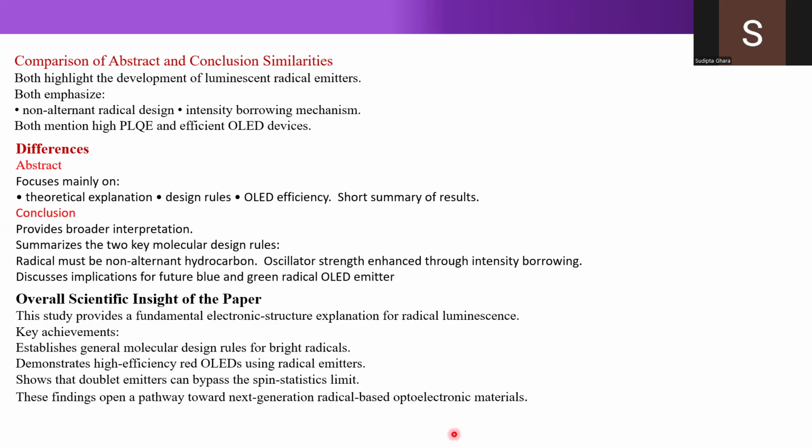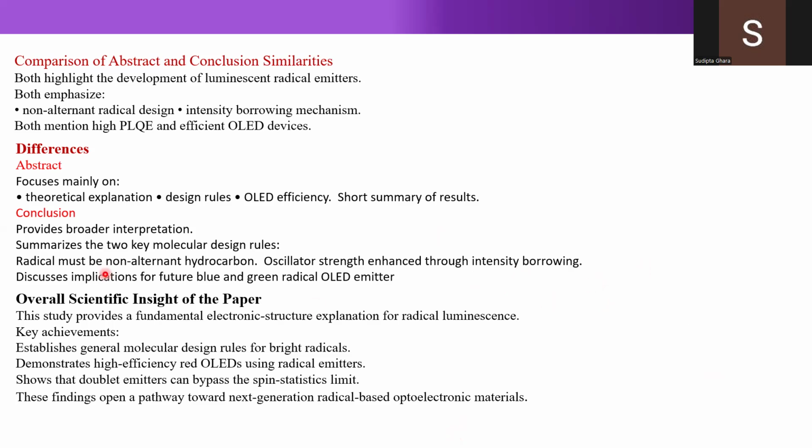But the difference is the abstract focuses mainly on the theoretical explanation, design rule, and OLED efficiency, while the conclusion provides a broader interpretation and summarizes the two key molecular rules, which suggest non-alternant hydrocarbon oscillator strength is enhanced through intensity borrowing.